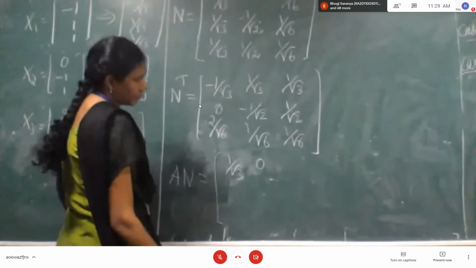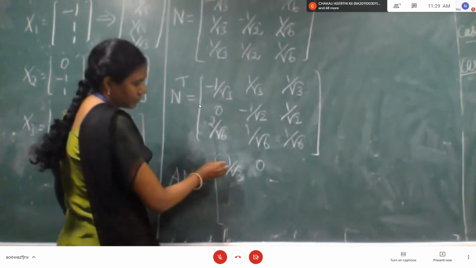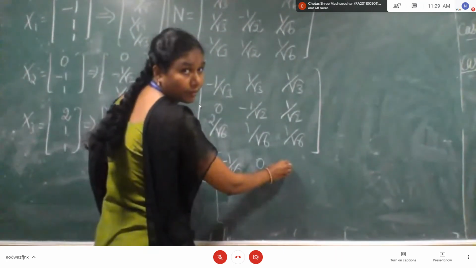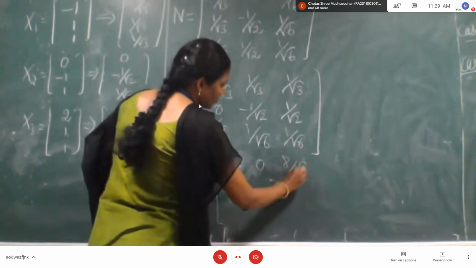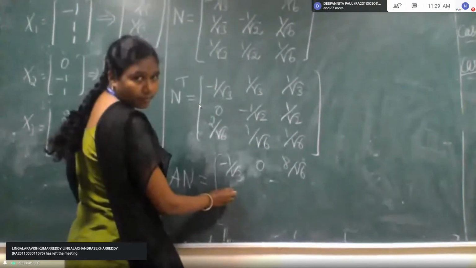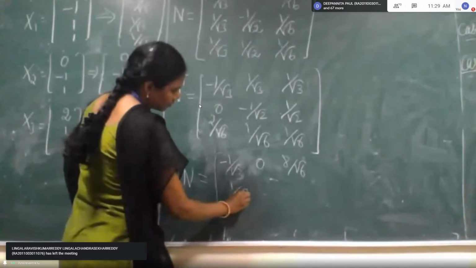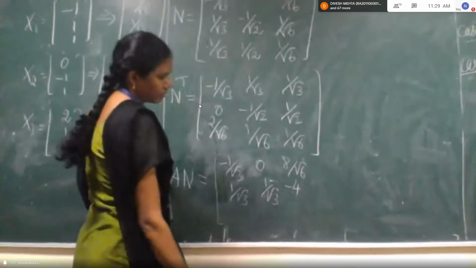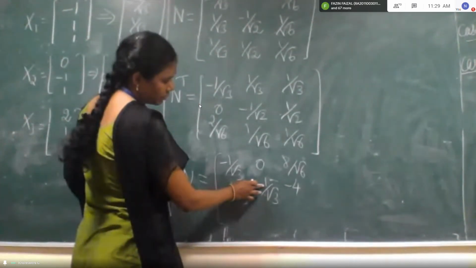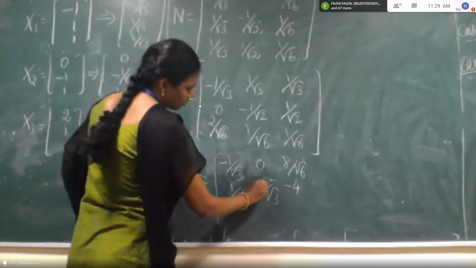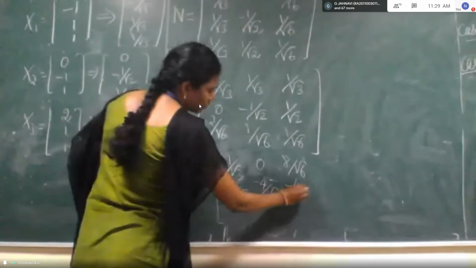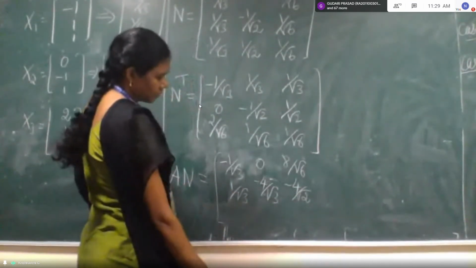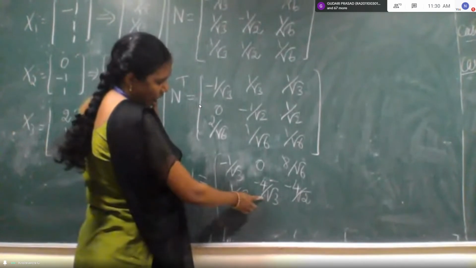Minus 1 by root 6, 8 by root 6, 8 by root 6, root 6, 1 by root 3, 1 by root 3. Minus 4, the second column, that is minus 4 by root 2. Ma'am, A22 is minus 4 by root 2.